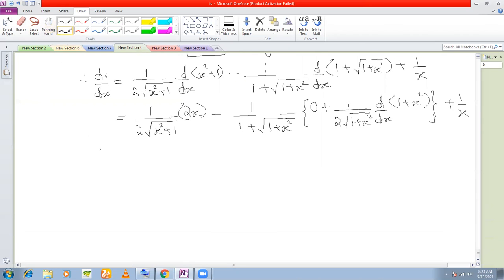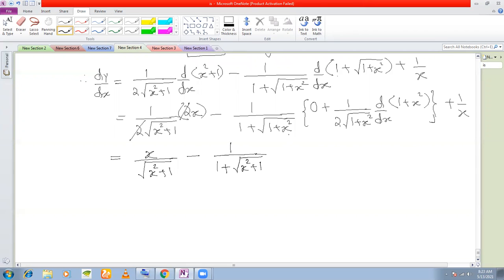Now in the next step, what happens? This 2 and this 2 will cancel out. You get x by root x square plus 1 minus 1 by 1 plus root over of the 1 plus x square. Let's write it as x square plus 1.